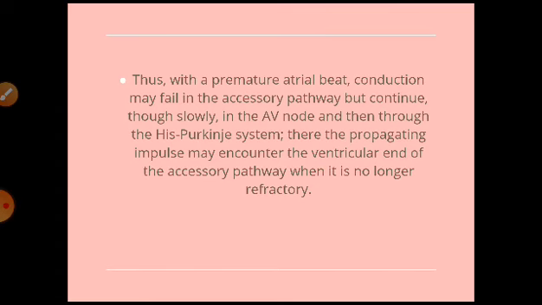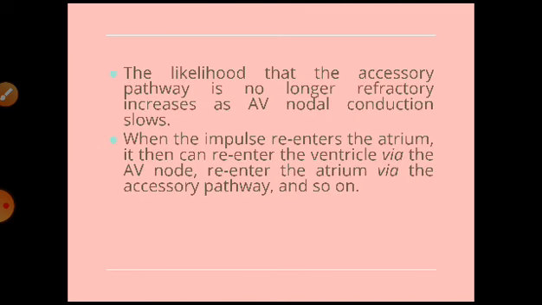So it starts entering again and again to the same pathway, doing a kind of circus movement there. The likelihood that the accessory pathway is no longer refractory increases and AV nodal conduction slows. When the impulse re-enters the atrium, it then can re-enter the ventricle via the AV node, re-enter the atrium via the accessory pathway, and so on, as I told you.